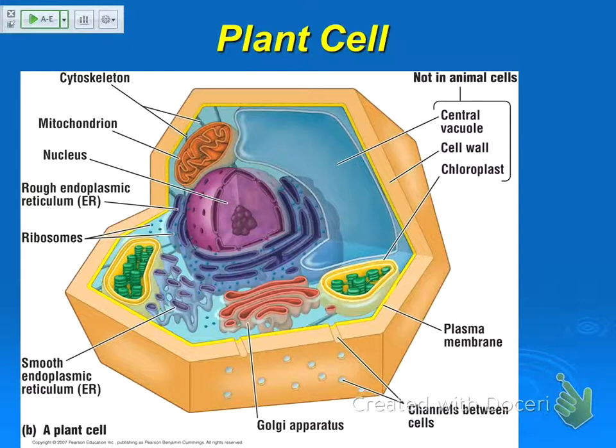And then something else that separates. What makes a euglena, which you saw in lab, which was green and photosynthetic, what separates a euglena from a plant? What separates a euglena from you?